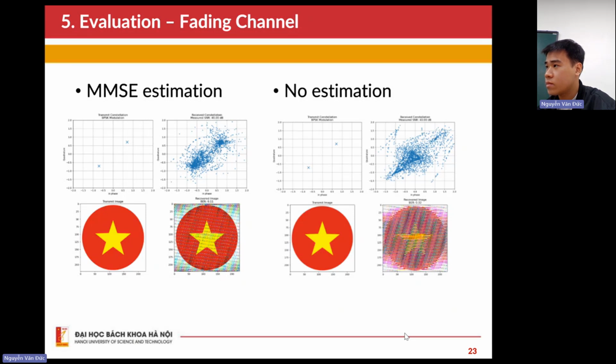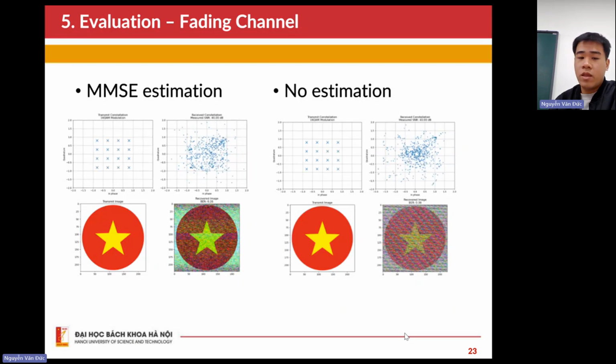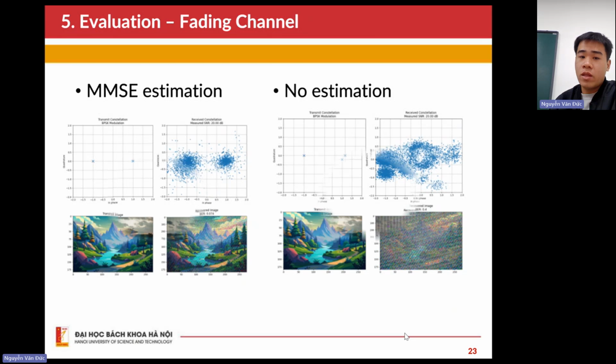I'm not sure about the final results in this condition of the signal. When I run the code, I see that it also depends on the input image. With this kind of image, it is quite good.